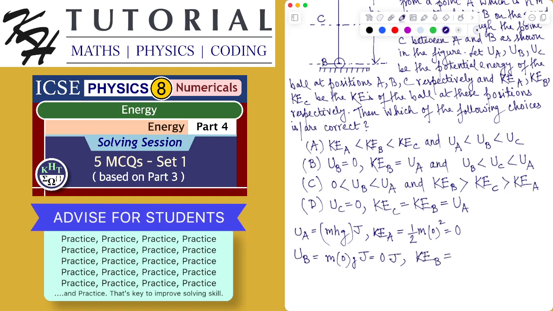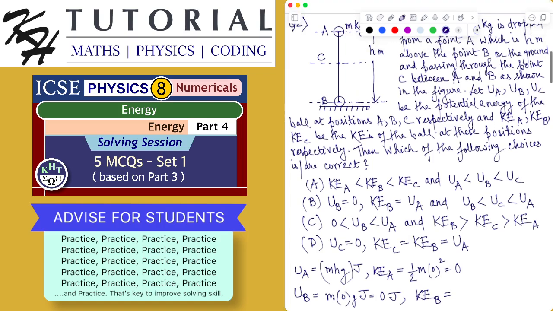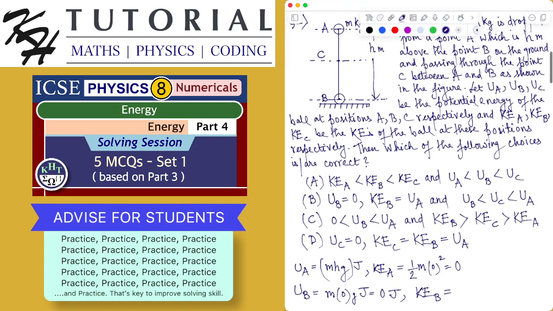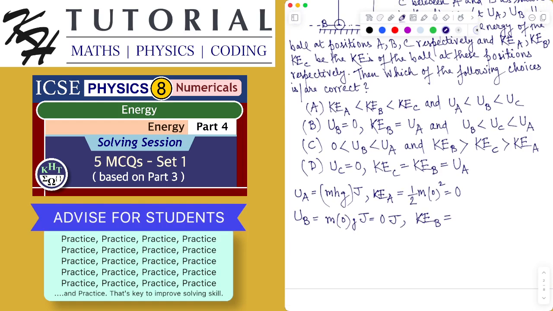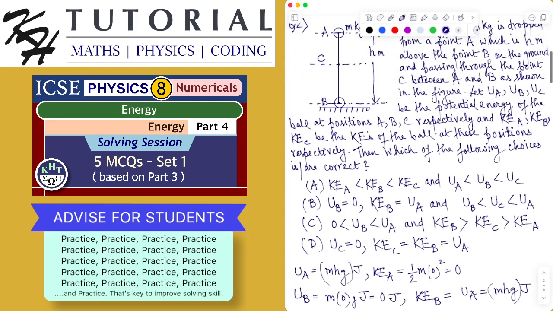It will be equal to the gravitational potential energy of the ball at the point A, because the whole gravitational potential energy of the ball at position A has been transformed into kinetic energy when the ball has reached the ground. So this will be equal to UA, which is mgh joule. These are the basic results that we have.